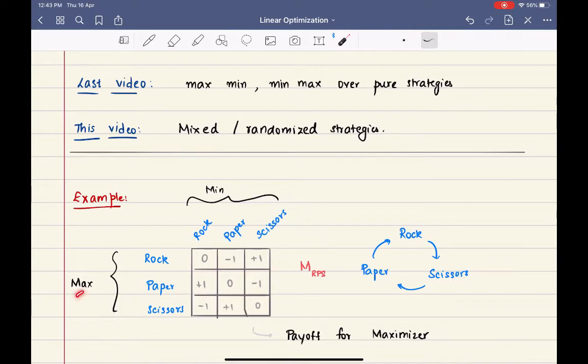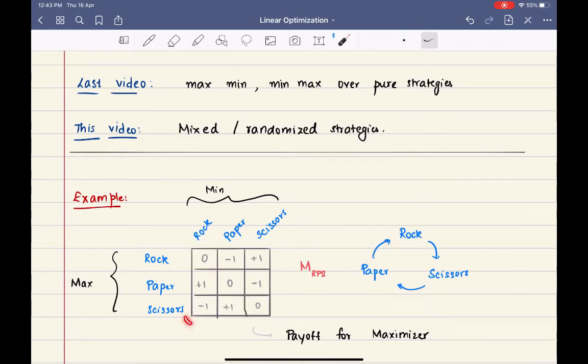So there are two players, max and min, and both of them have to choose between rock, paper and scissors. So here is the payoff table. Now if one chooses rock and one chooses scissors, the person that chose the rock will get a +1 because rock breaks scissors, scissors cuts paper, and paper covers rock.